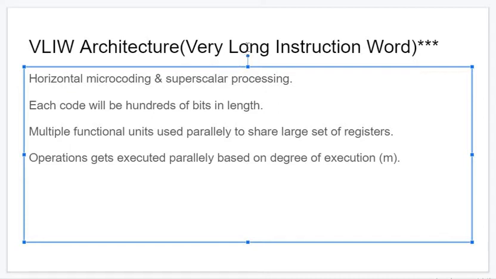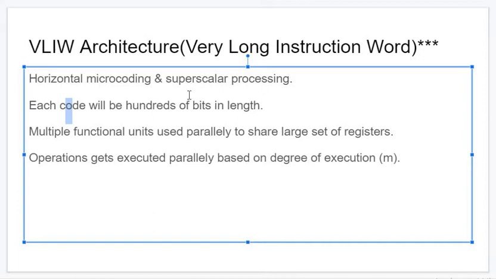Next one is long instruction. So what does long instruction mean? The bits of each code will not be small, it will be in terms of hundreds. Each code will be hundreds of bits. So definitely each code is larger in size, and there are more codes. Why are there more codes?